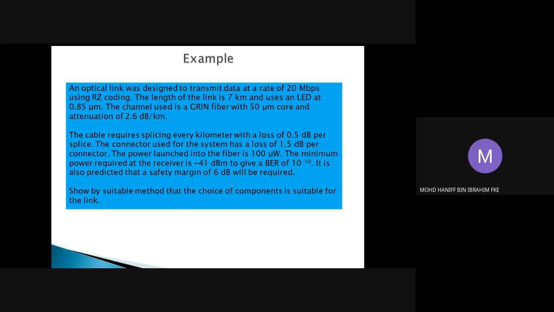The power launched into the fiber is 100 microwatt. The minimum power required at the receiver is negative 41 dBm to give a BER of 10 to the power of negative 10. So that is the receiver sensitivity, negative 41 dBm to give a bit error rate of 10 to the power of negative 10. A safety margin is introduced, given as 6 dB.